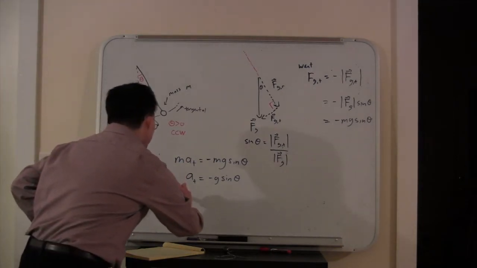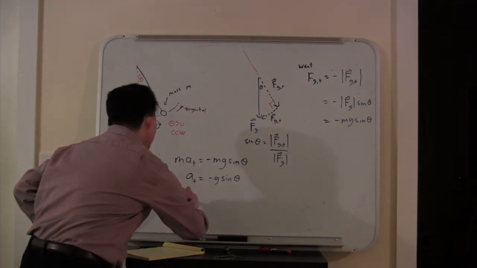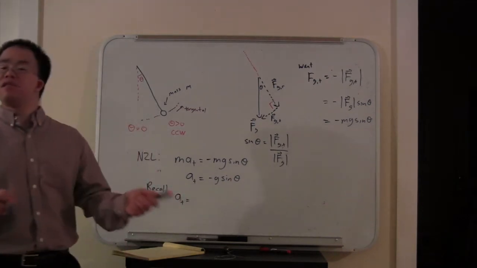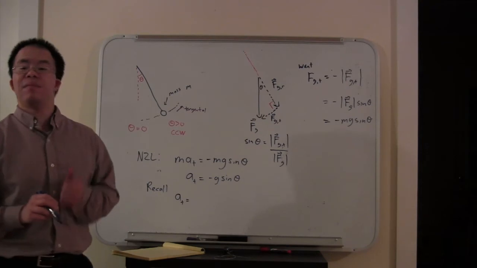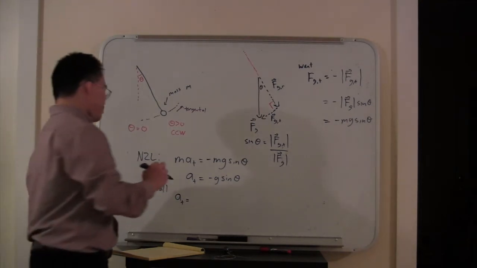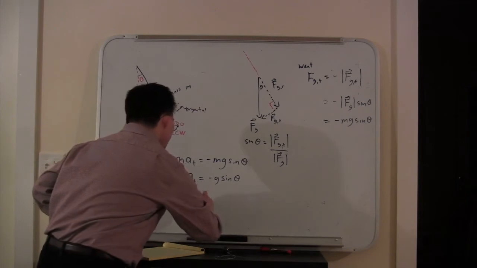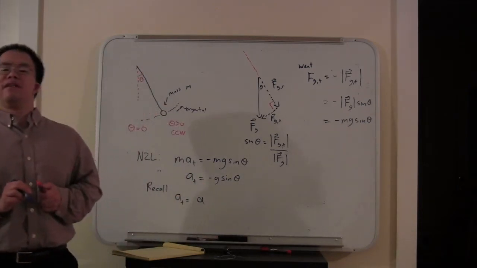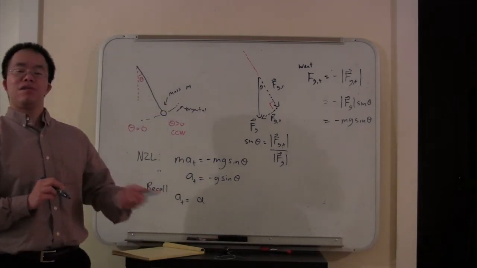In particular, my tangential linear acceleration is going to go like my angular acceleration, alpha, times the radius of my circle.